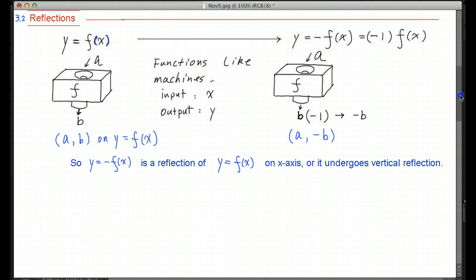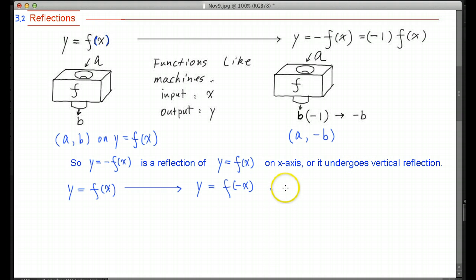If you do a similar analysis, you should be able to figure out what happens if you change y equals f(x) to y equals f(negative x).